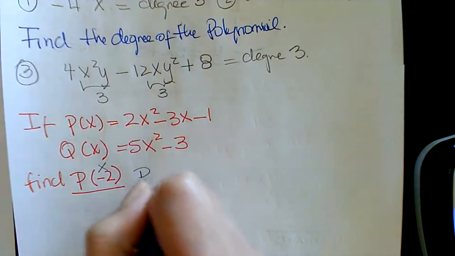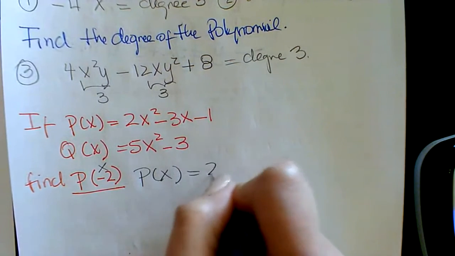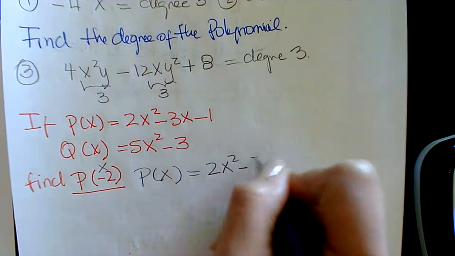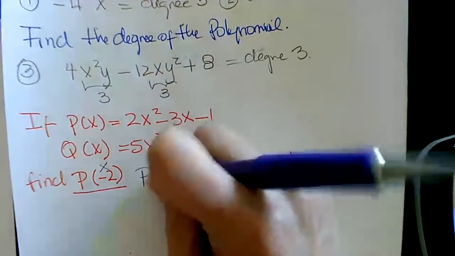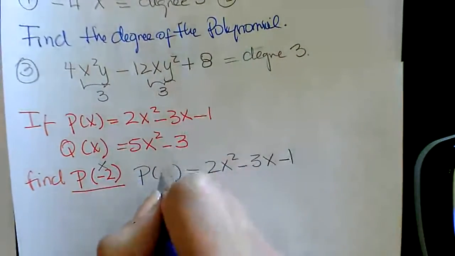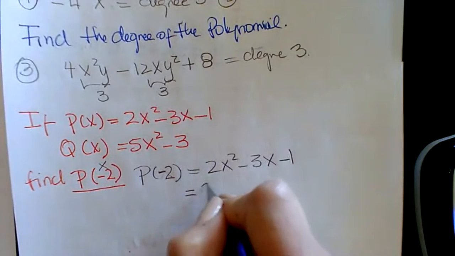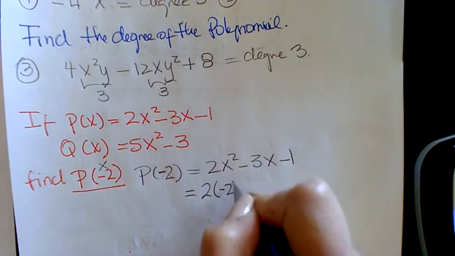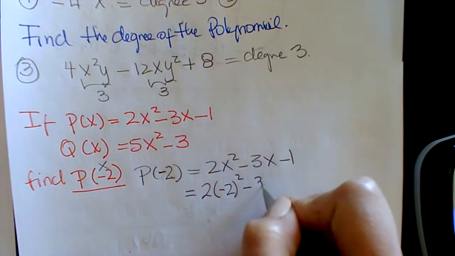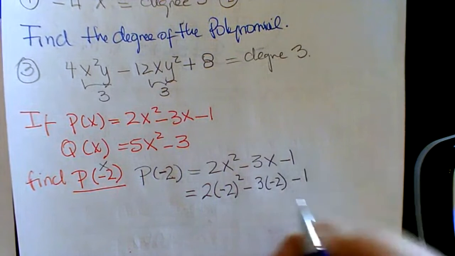So let's get the equation. So instead of x, we're going to have -2. So we have -2 squared minus 3 times -2 minus 1.